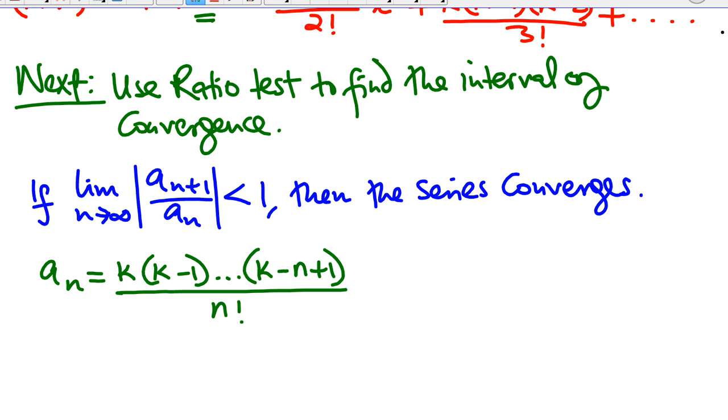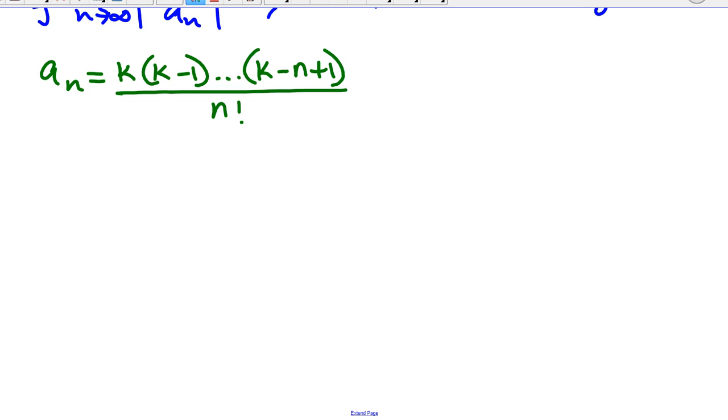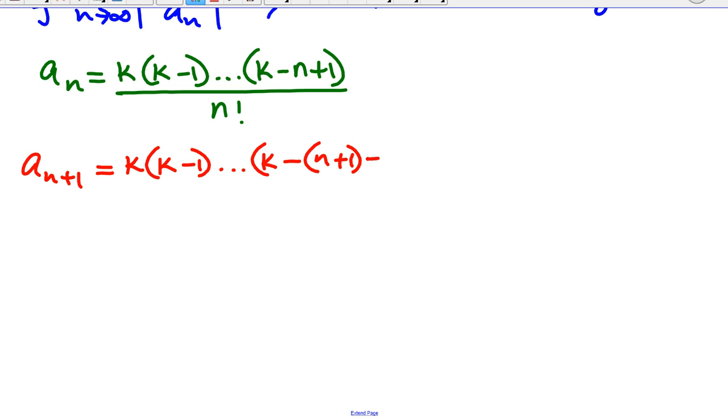Now, S sub n plus 1 will be k into k minus 1, up to k minus, in place of n, I plug in n plus 1, plus 1.